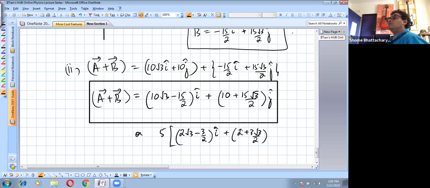But nothing major, it's the same thing actually. I'm just doing this because sometimes cos 37 comes up, that 37 degrees. I told you to remember the 3, 4, 5 triangle. In a 3, 4, 5 triangle, the smaller angle is always 37, because the smaller angle will be opposite 3 and the larger angle will be opposite 4.